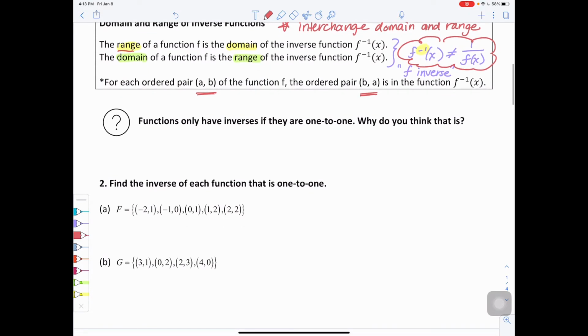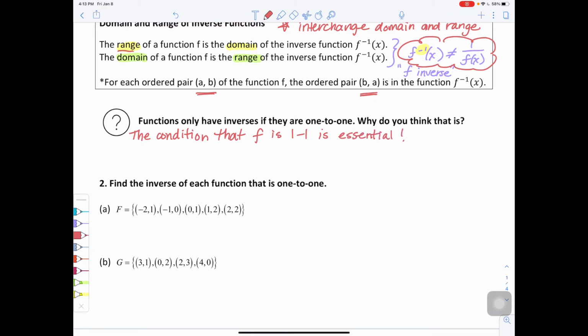So, question. Functions only have inverses if they are one-to-one. That is correct. Why do you think that is? Well, the condition that f is one-to-one is essential.